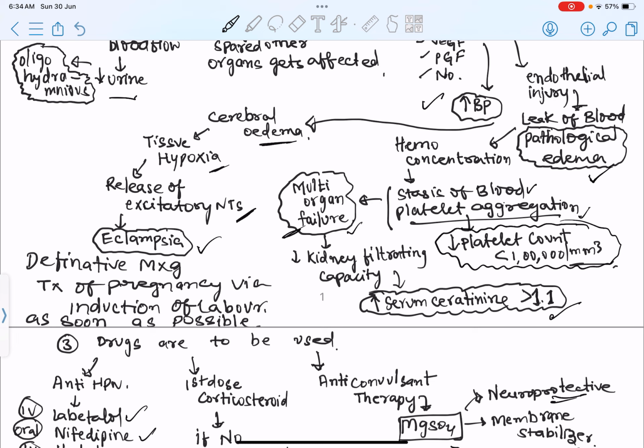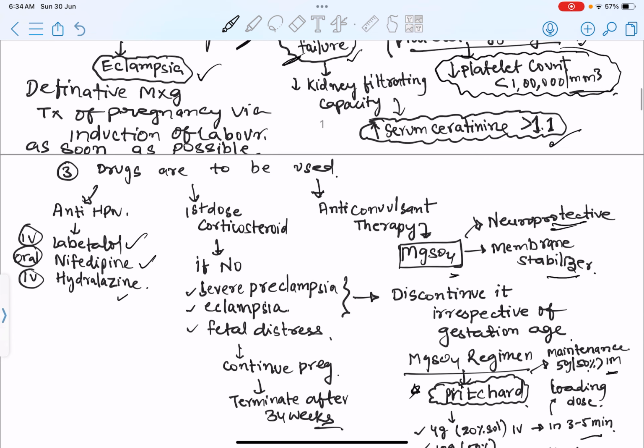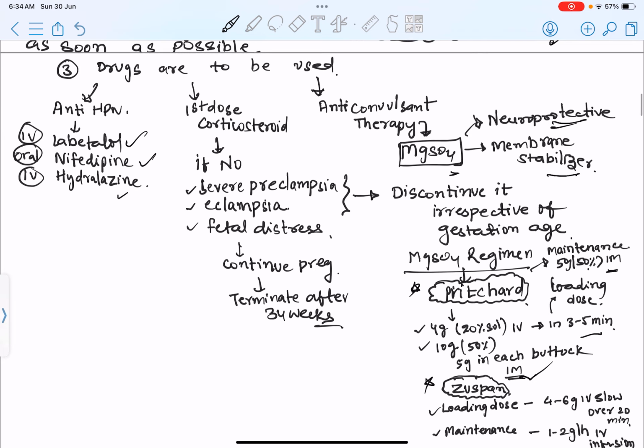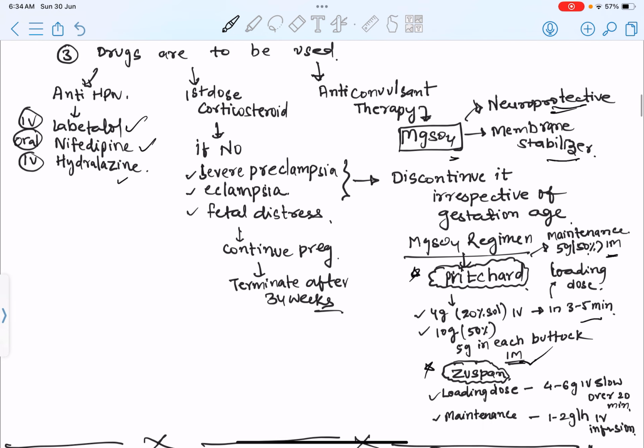It is just terminating the pregnancy and removing the placenta. As soon as the placenta is removed, the blood pressure comes back down to normal. So now coming to the drugs which are used in pregnancy induced hypertension: antihypertensive drugs, which are labetalol, nifedipine and hydralazine.